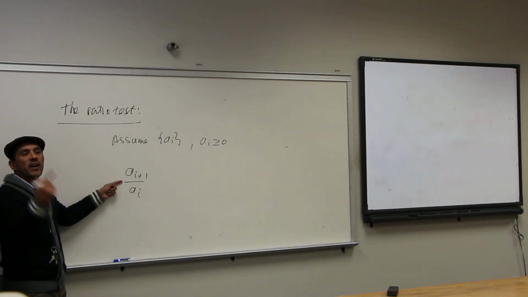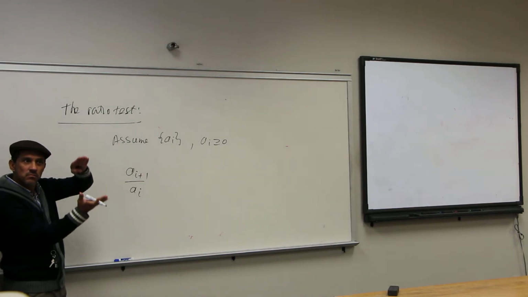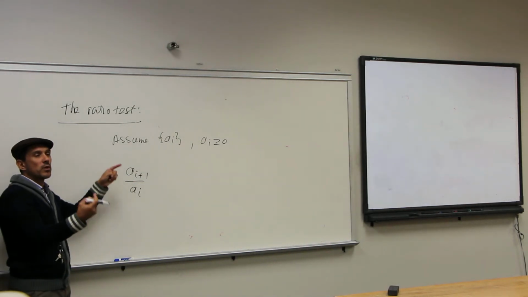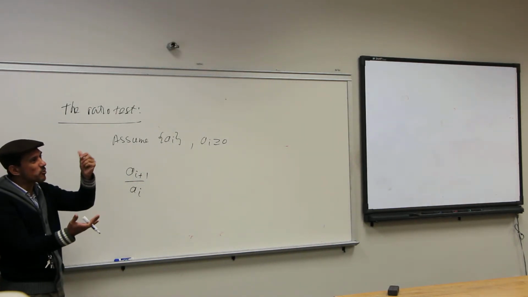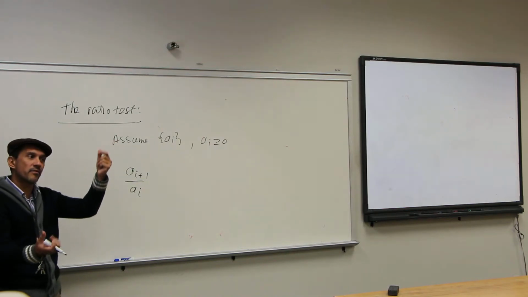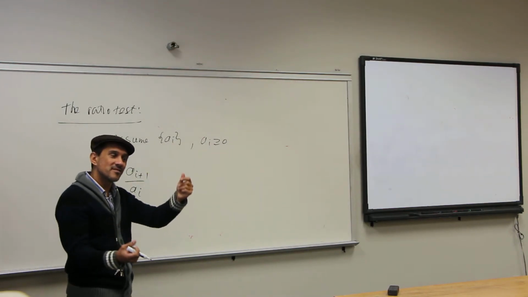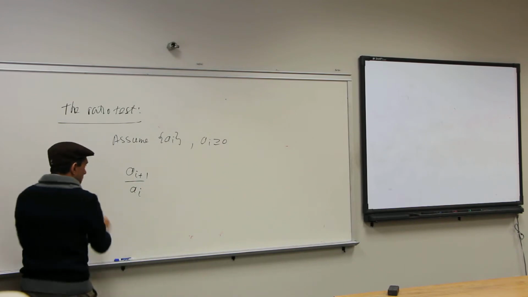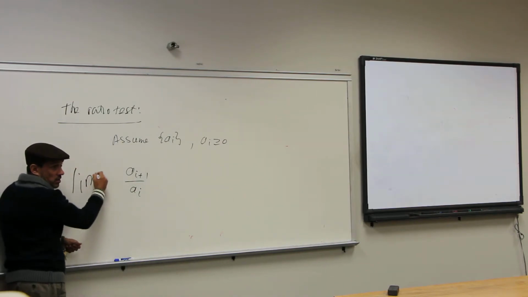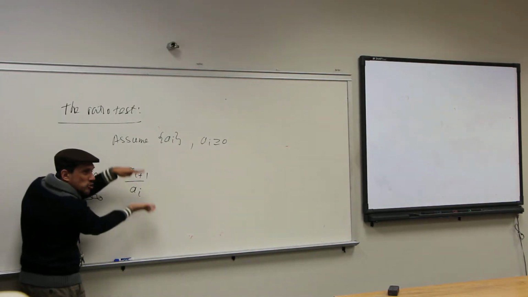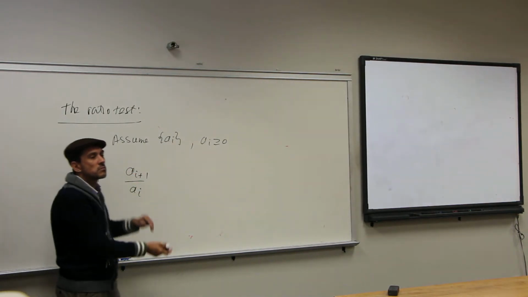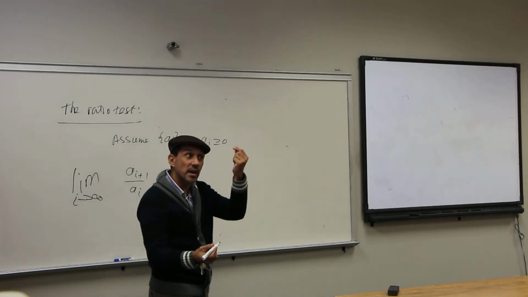The 101st term divided by the 100th term. The 102nd divided by the 101st. In the limit, what is this ratio going to? Let's say it goes to some number r.